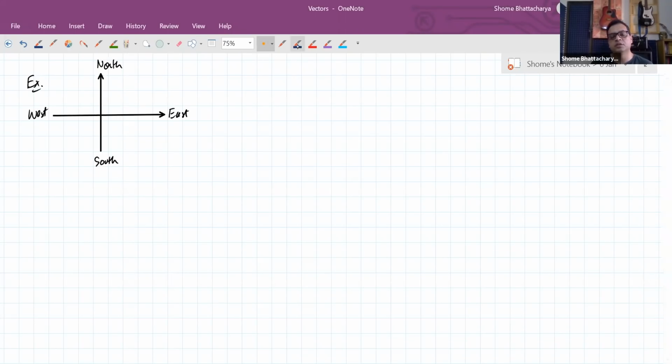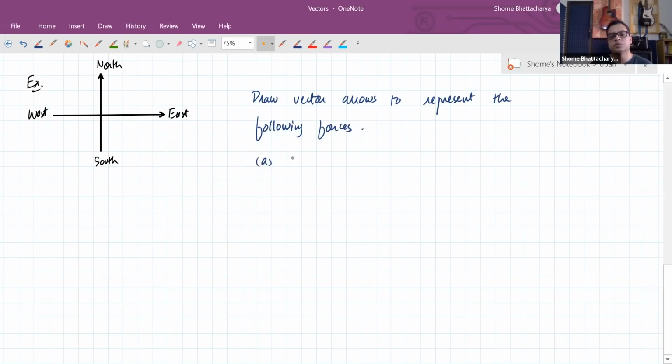Now we want to draw vector arrows to represent the following forces. Suppose we want to do a simple exercise like this.